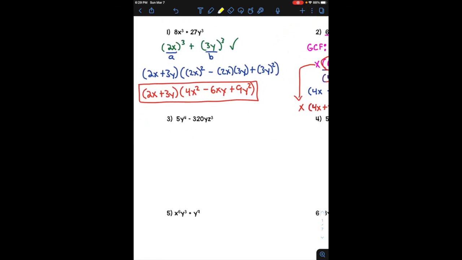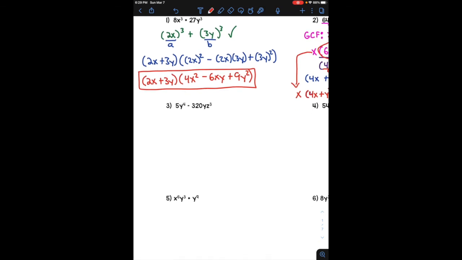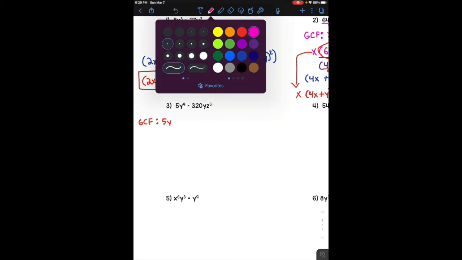So let's first always check if there's a GCF, which in this case there is. The GCF would be 5y, as 5 is the largest number that goes into 5 and negative 320, and both of those terms also have a y.